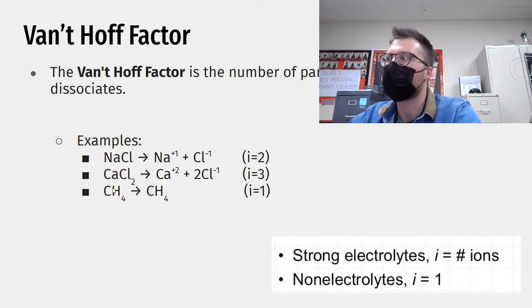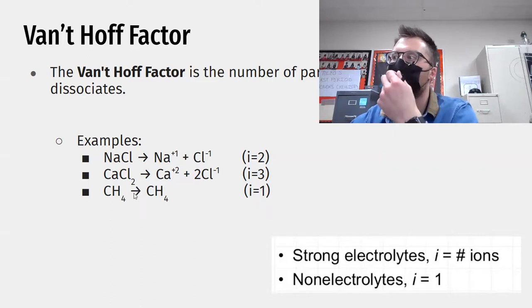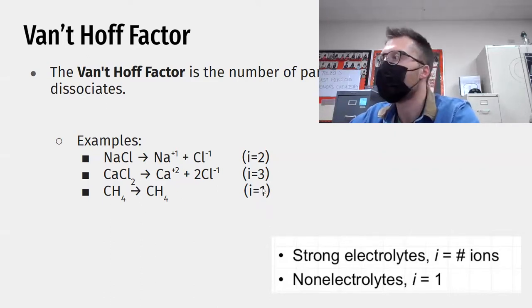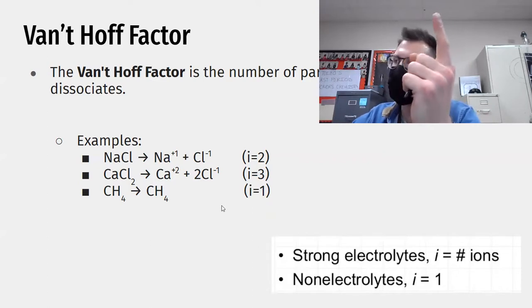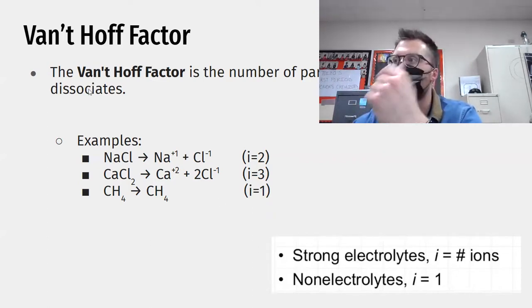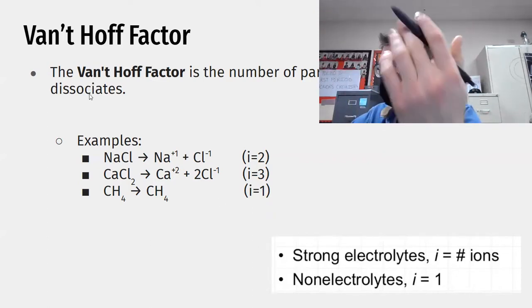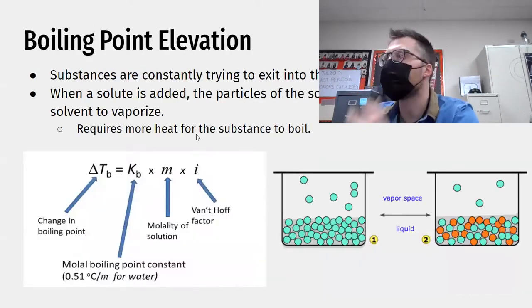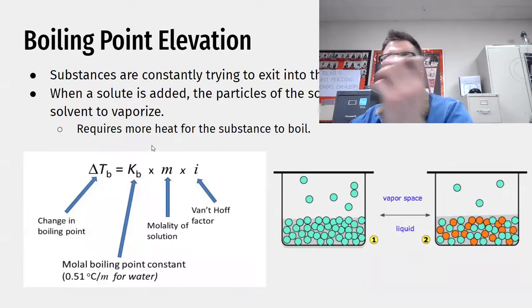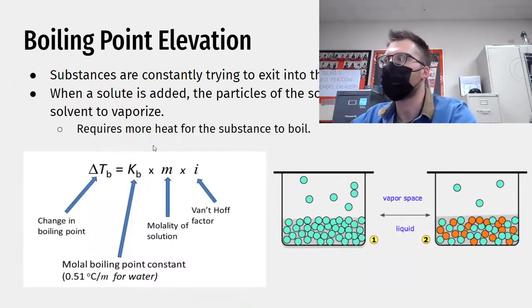And then lastly, this covalent compound, methane, goes from methane just to methane, because we know that covalent compounds do not dissociate. So because we only produce one particle in that solution, our i, or the number of particles that we produced, is only 1. This Van't Hoff factor, or the number of ions that are produced in a dissociation, is something that we're going to be using as a variable when we start to look at something like boiling point elevation.